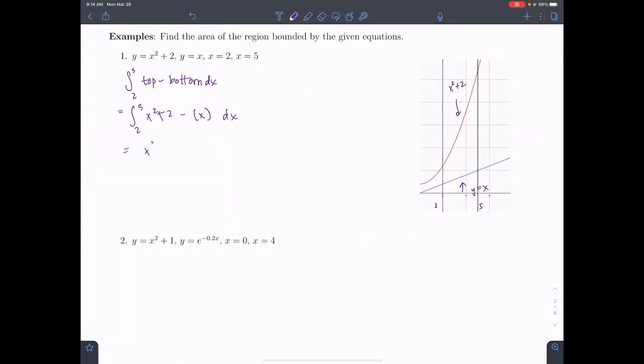So that would be x cubed over 3 plus 2x minus x squared over 2, and all this evaluated from 2 to 5. When you do this, I have 235 over 6 minus 14 thirds.